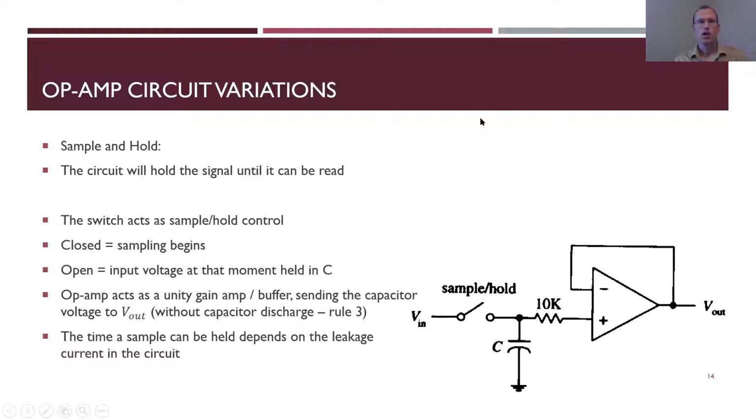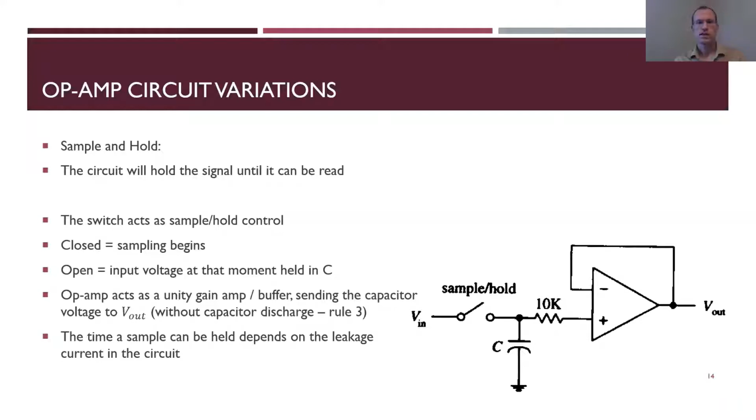Another variation of an op-amp circuit is called a sample and hold circuit. You include a switch, a capacitor and a resistor with a unity gain op-amp. So the op-amp acts as a unity gain amp or buffer.